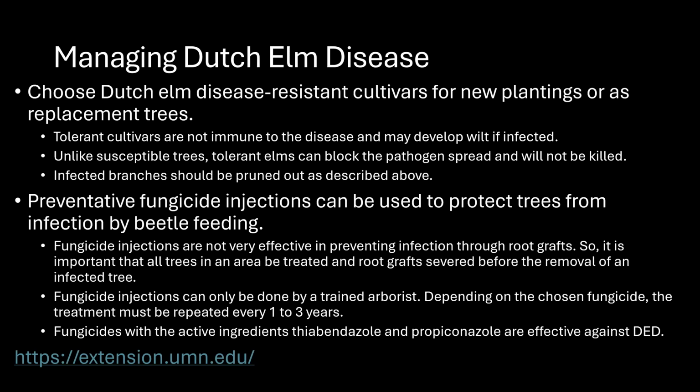If we have American elms on our property, monitor them. If you have healthy American elms that have not had this disease, first of all, that's fantastic, and let's hope it stays that way. But I will say monitor them closely.